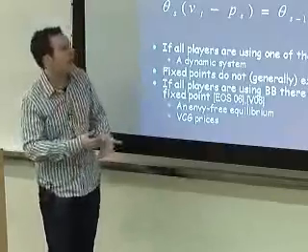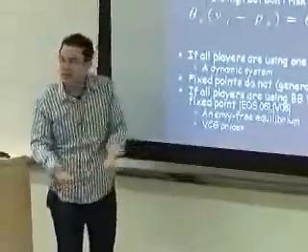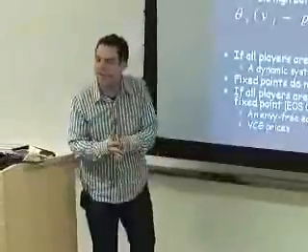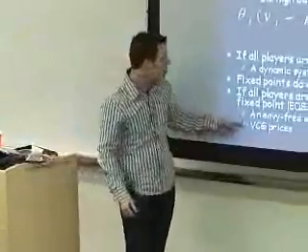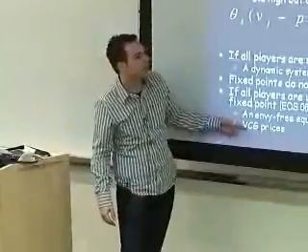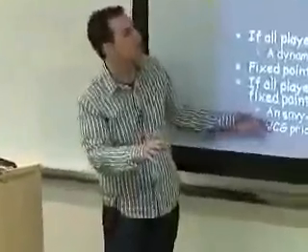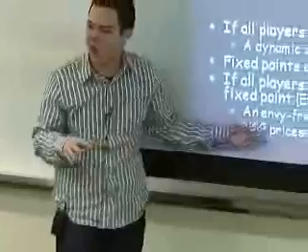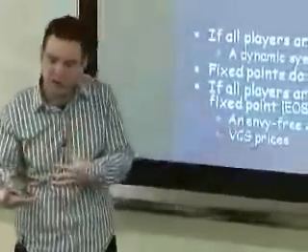There is no envy of what other people are paying for the slots they're getting. And also the prices that the players are going to get charged at that unique fixed point match precisely the prices should the search engine actually use the VCG mechanism, and the players, of course, would bid their values, knowing that it's the VCG mechanism.